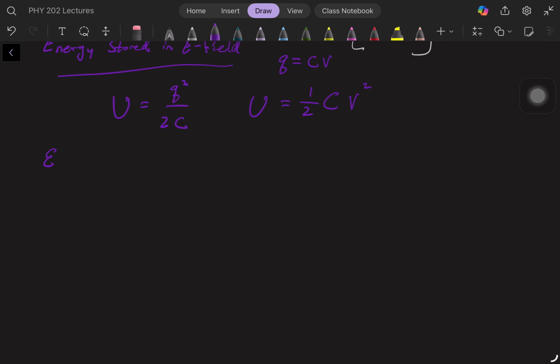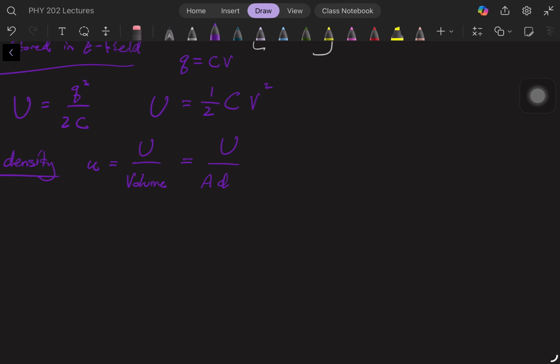And then sometimes we want the energy density, which is a lowercase u, and that's going to be equal to the total potential energy over the volume, which for, let's say, parallel plates, we could have U over AD. The area times the separation gives you the volume in between the plates. Which we can plug in for U is 1/2 CV squared, and we get CV squared over 2AD.